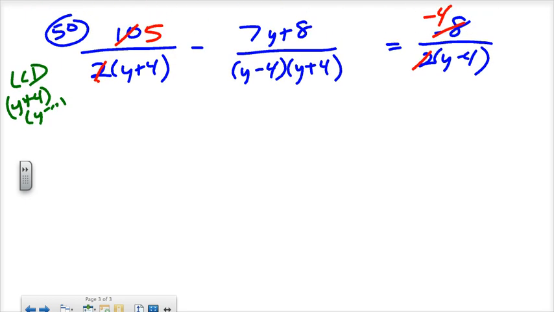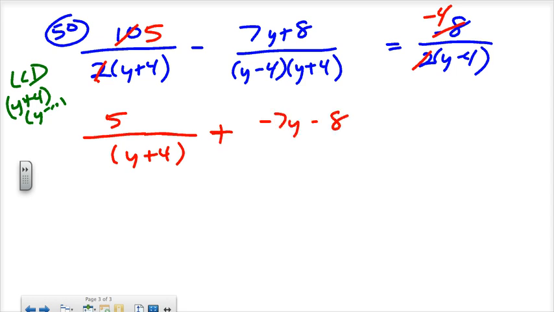All right, I'm going to rewrite this. Leave some space for some work here. And I'm going to change this to adding a negative so we don't make that most common mistake in mathematics, which is a negative mistake.